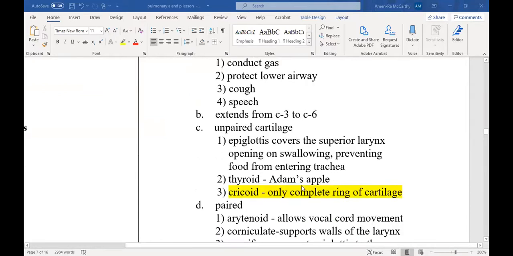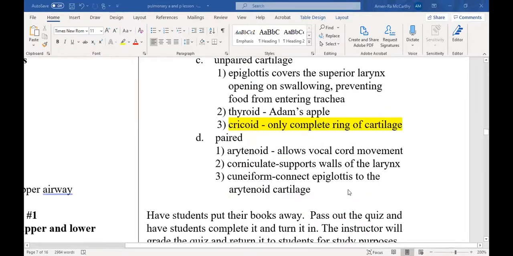Then the thyroid cartilage is considered the Adam's apple. Then you have the cricoid cartilage, which is the only complete ring of the whole trachea. There's only one complete ring, and that is the cricoid cartilage. Then it talked about the paired cartilage that's there, and that's the arytenoid, corniculate, and cuneiform.